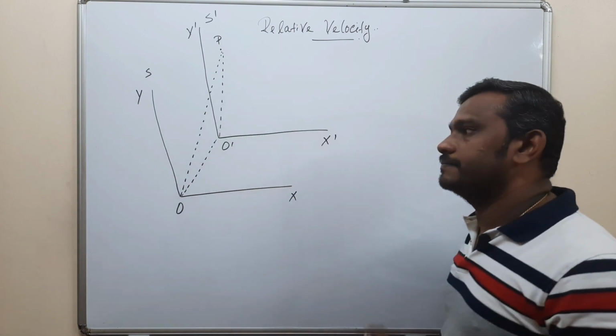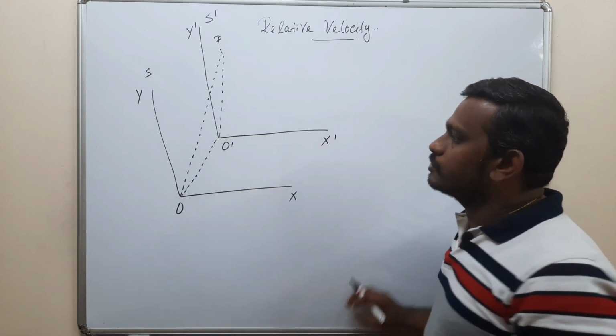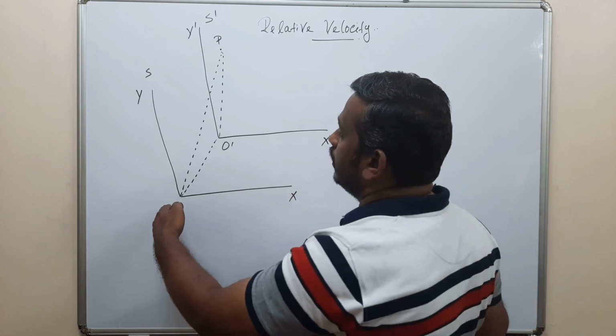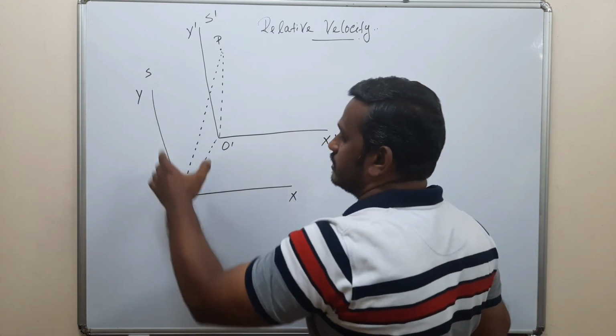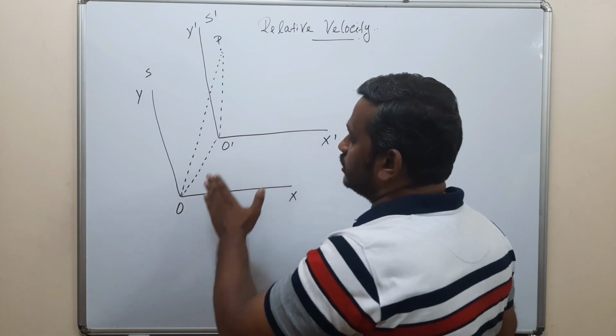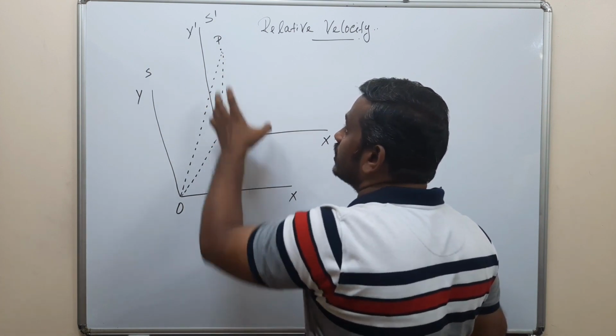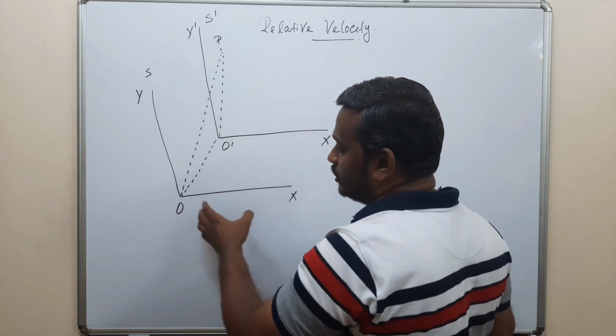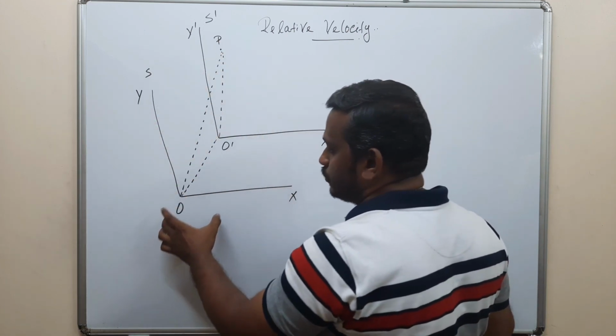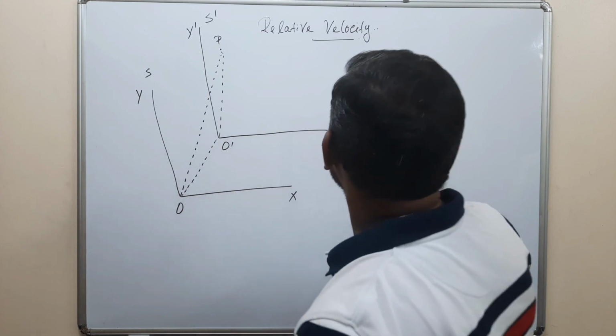The position vector of the particle P with respect to the frame S dash is O dash P. Similarly, the position vector of the frame S dash with respect to the frame S is OO dash. So the position vector of the particle with respect to the frame S is the OP vector, with respect to the frame S dash it is the O dash P vector, and the position vector of the frame S dash with respect to the frame S is the OO dash vector.